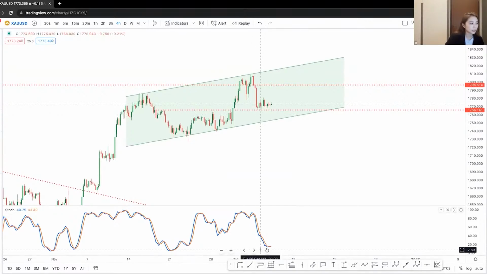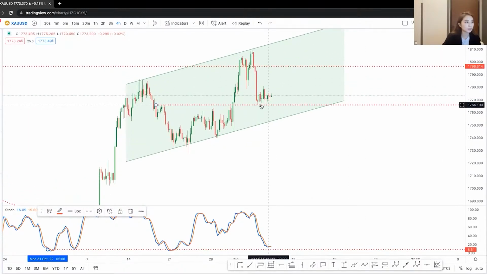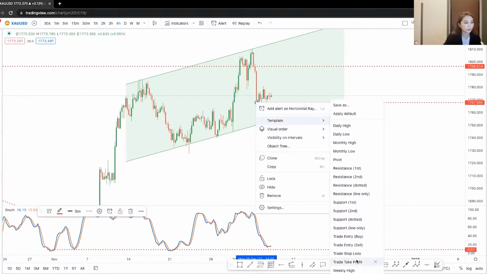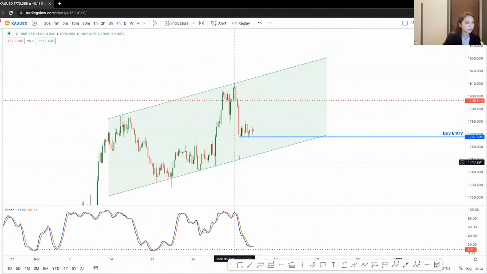Price is already heading for the support, in this case in stochastics. All right, so there's a chance where price would bounce off from this overlap that we are looking at. So in this case, I'm actually personally also thinking that maybe we should go for this.